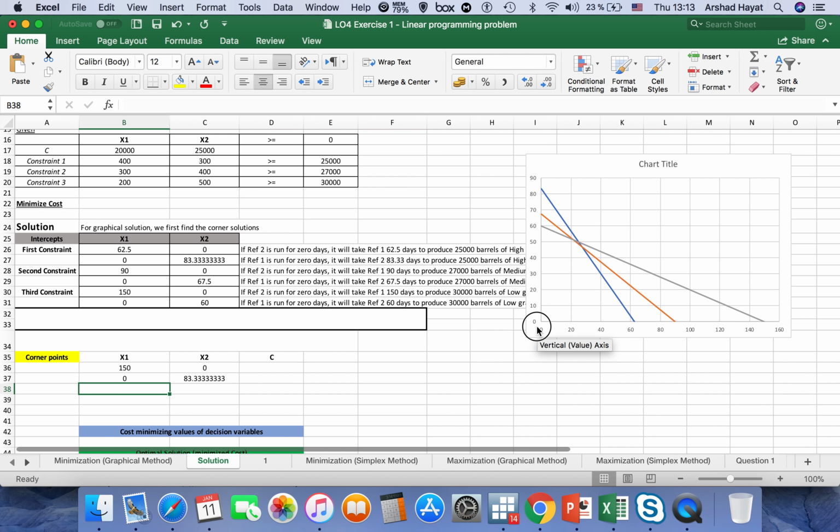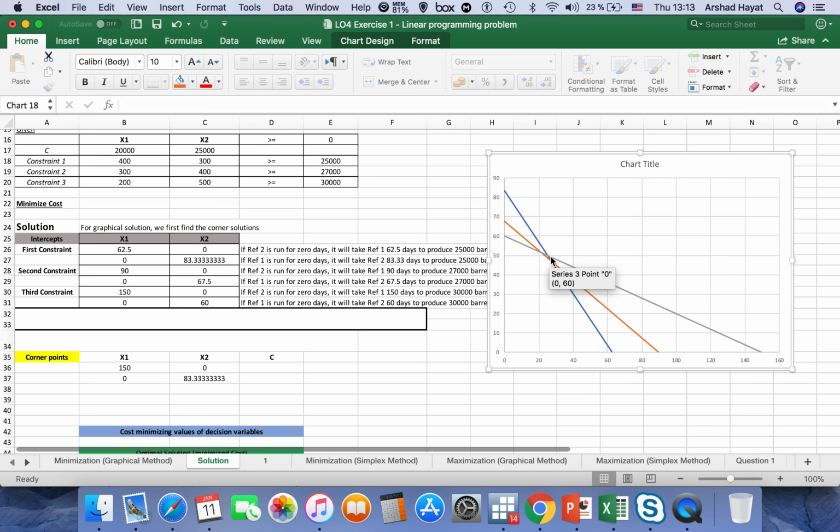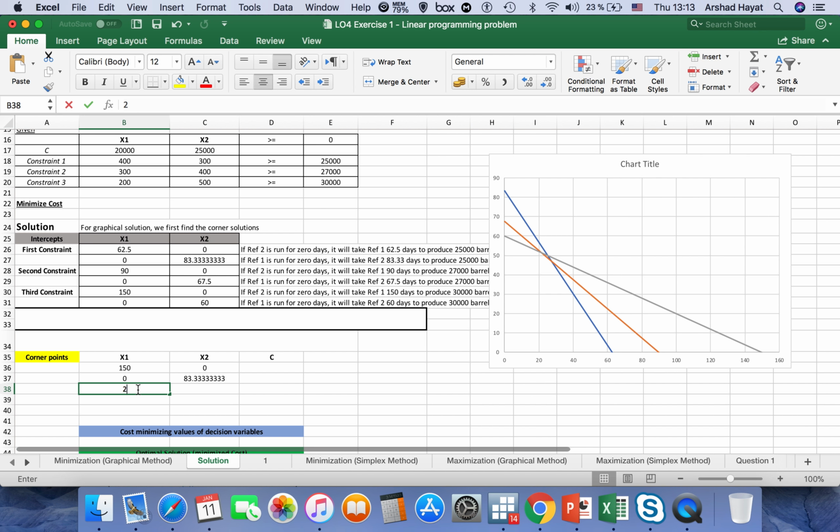Let me make this a little larger. This point is also a corner, and this is 50 for x2 and 25 for x1. So I'll just put here 25 and 50.